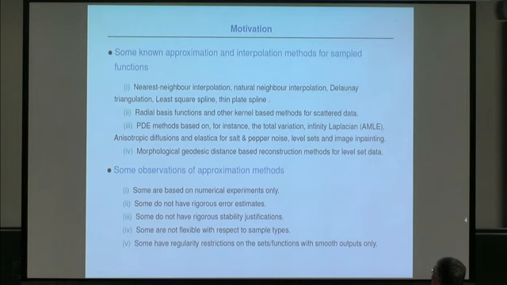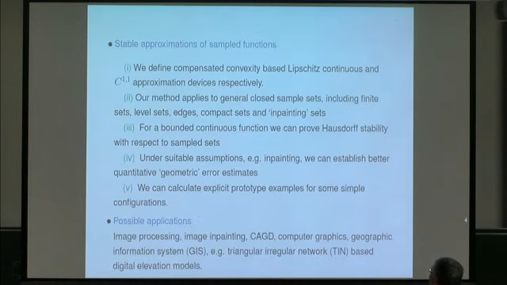Let's look at the method we claimed. We define two types of approximations: one is Lipschitz continuous, and the other is C^{1,1}. We can only do that, nothing beyond this; we can't get a C infinity method.